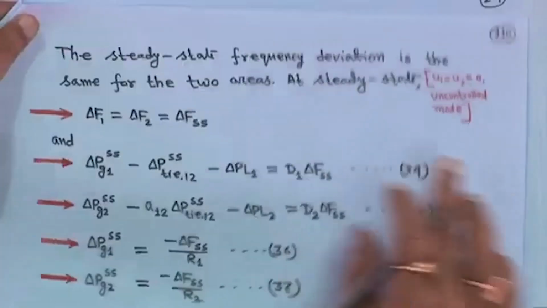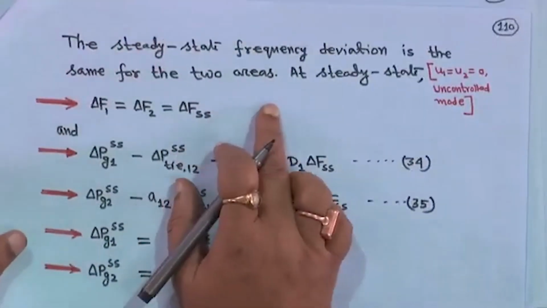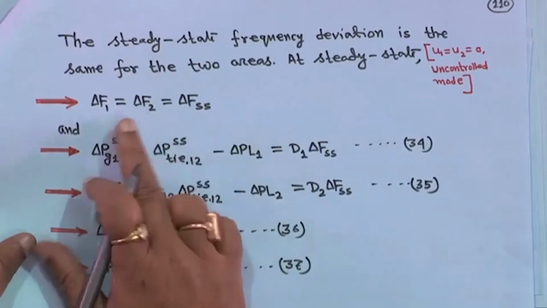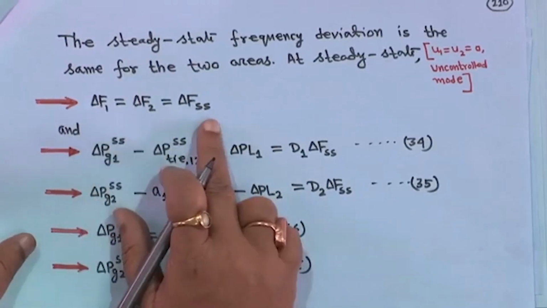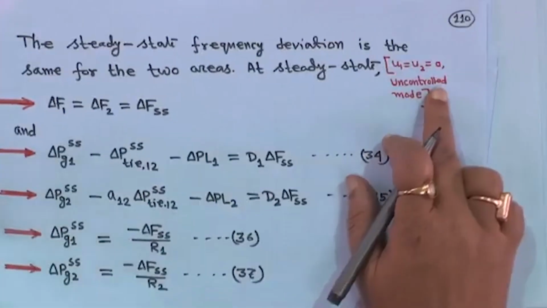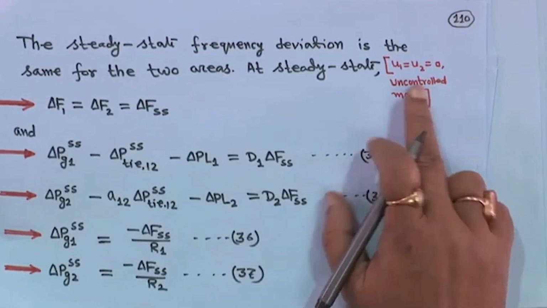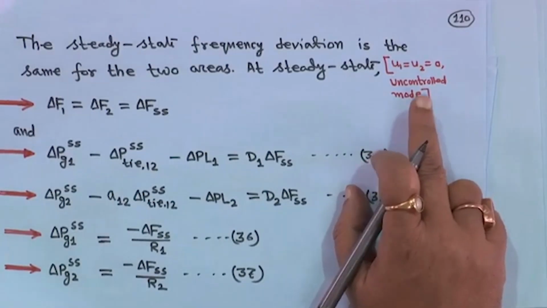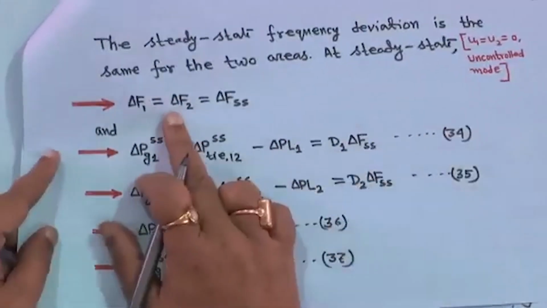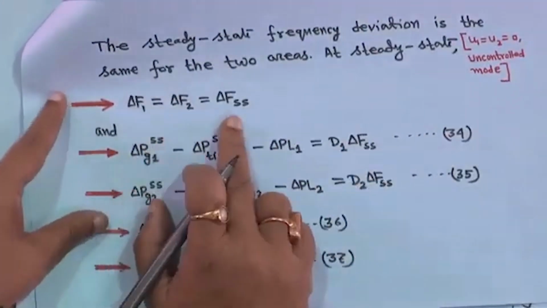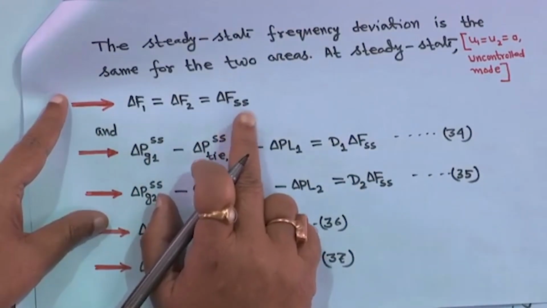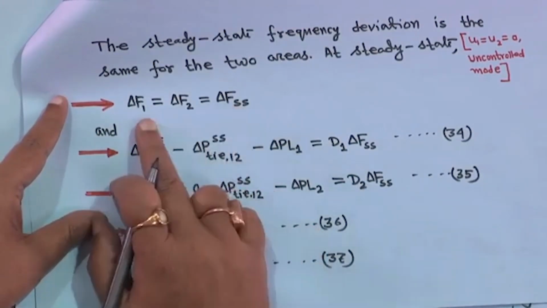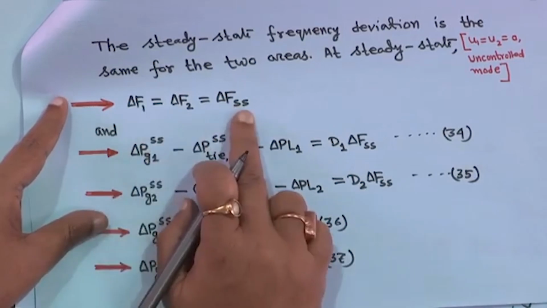At steady state, even though it is a 2 area system, delta f1 is equal to delta f2 is equal to delta fss, and we are considering the uncontrolled mode, that is u1 is equal to u2 is equal to 0, written here in red ink. So this is the steady state error, and at steady state both the areas have the same error.